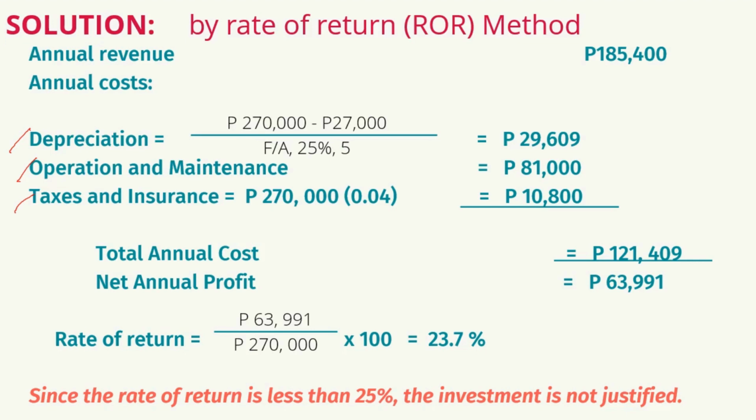Rate of return, 63,991 over 270,000 times 100 is only equal to 23.7%. Since the rate of return is less than 25%, the investment is not justified. So 25% again is from the given. This is what the company expects for the capital to earn. And since less yung nakakompute natin na rate of return, the investment is not justified. So that's it for the rate of return method.